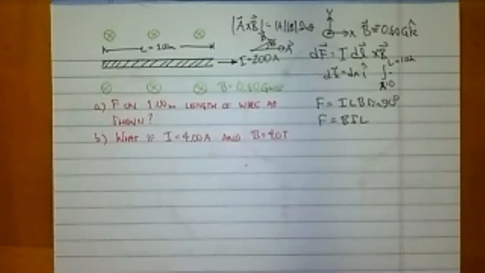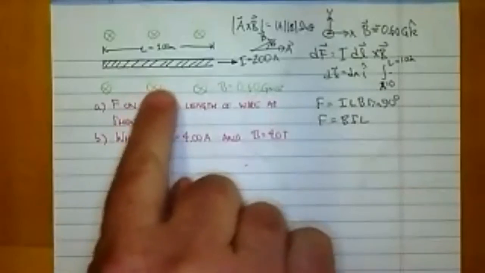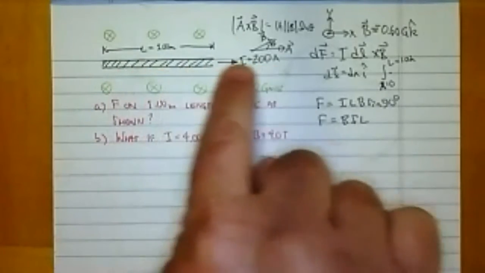Now, as far as the direction goes, DL is pointing this way. I can move my hand anywhere I want so that my pinky is always parallel to the wire, pointing towards the direction the current is going. But I need my hand to be such that my palm can point in the same direction as B, so that ends up being that.